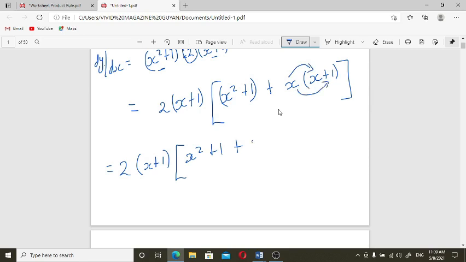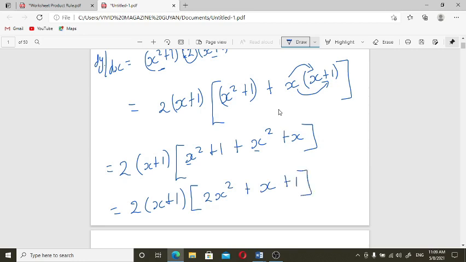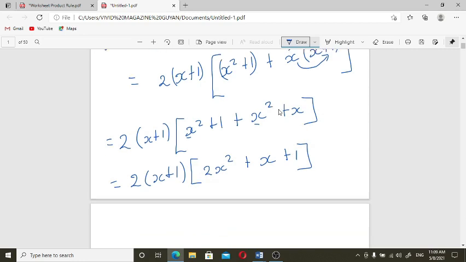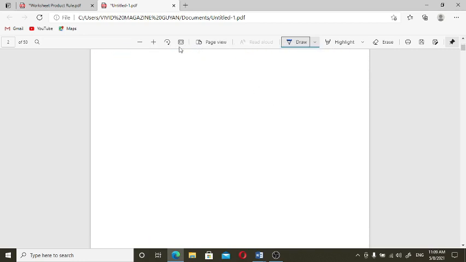So this is going to be plus x squared plus x. And then to finish this off, 2 open bracket x plus 1. I could use a normal bracket, but again, I just like my square brackets. So x squared and x squared is going to give me 2x squared plus x plus 1. And with that, that would be the first solution.